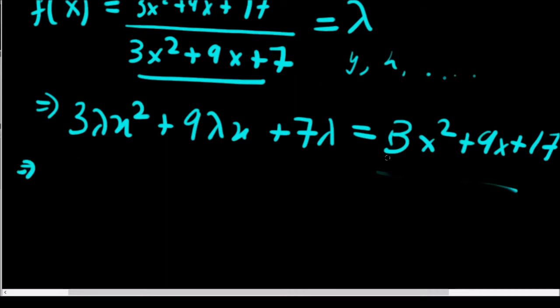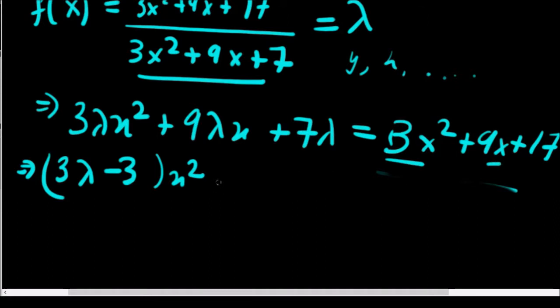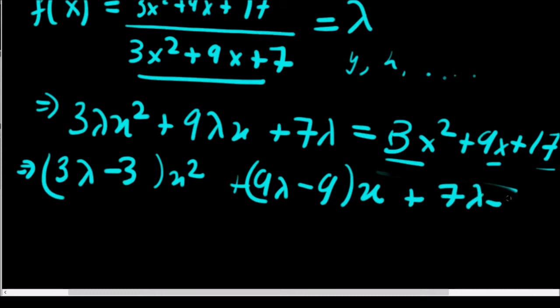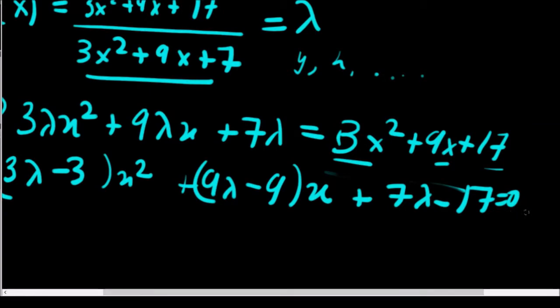So 3x square goes this way, so it becomes 3 lambda minus 3 x square. 9x goes here, becomes negative. I get 9 lambda minus 9 x, and similarly I do the same thing with 17. So therefore I am left with 0 at the other end.